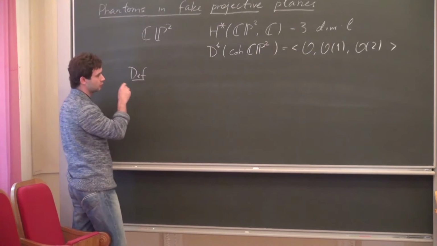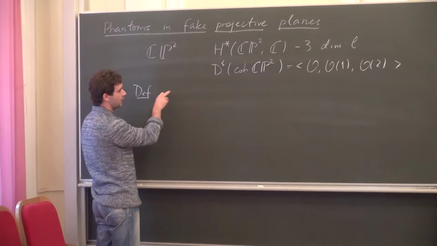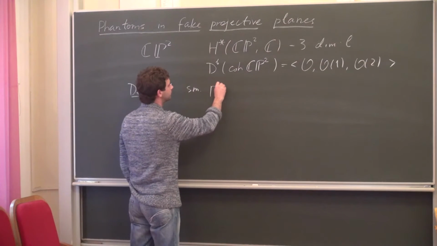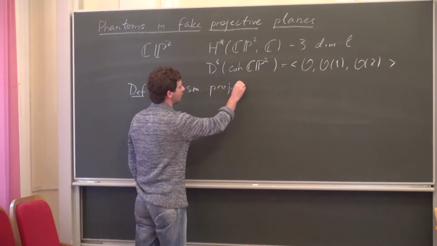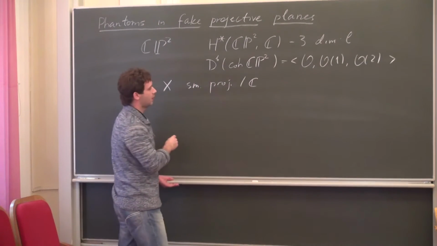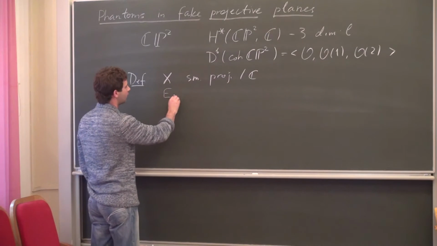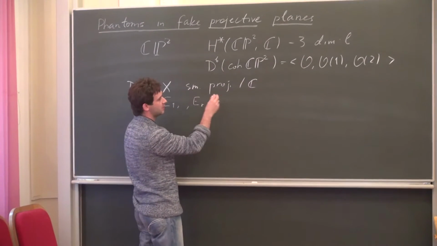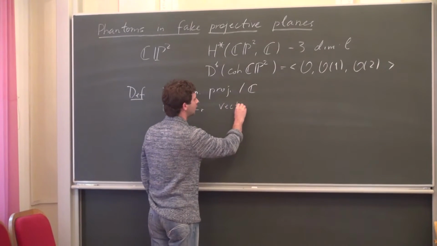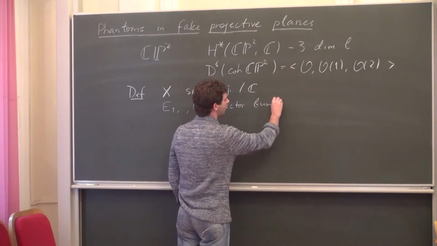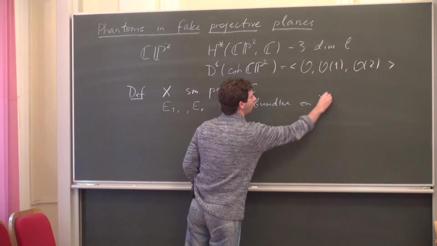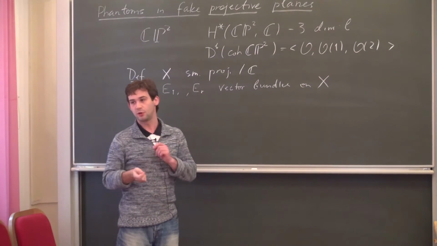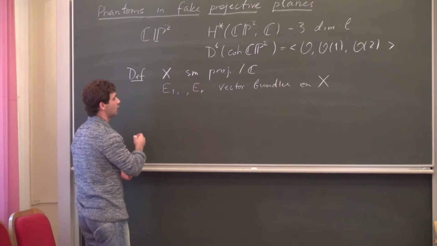The definition, which goes to Bondal-Orlov, is that if X is a smooth projective variety, and we have a sequence of, let's say for simplicity, vector bundles on X, then this sequence is called exceptional if it's orthogonal in some way, orthonormal in some way.